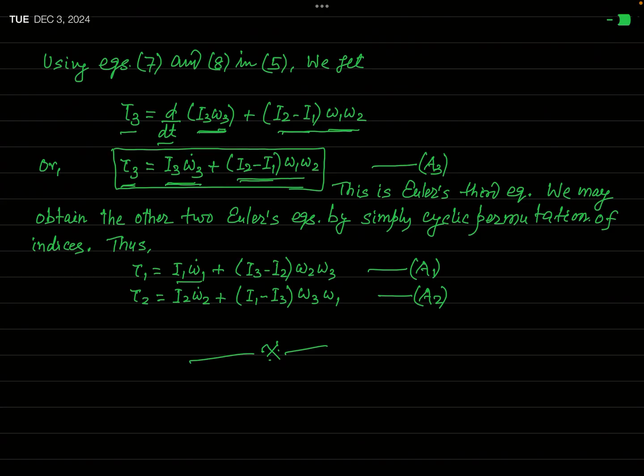Here one thing, you may be confused. We will write I2 minus I1 here. Then here what will be? I2 minus I3 or I3 minus I2? So actually in the determinant, when you have found omega cross L, the first term of the determinant is positive, the third term is positive, and the second term is negative. So make a trick that we have to subtract the smaller index from the larger index.